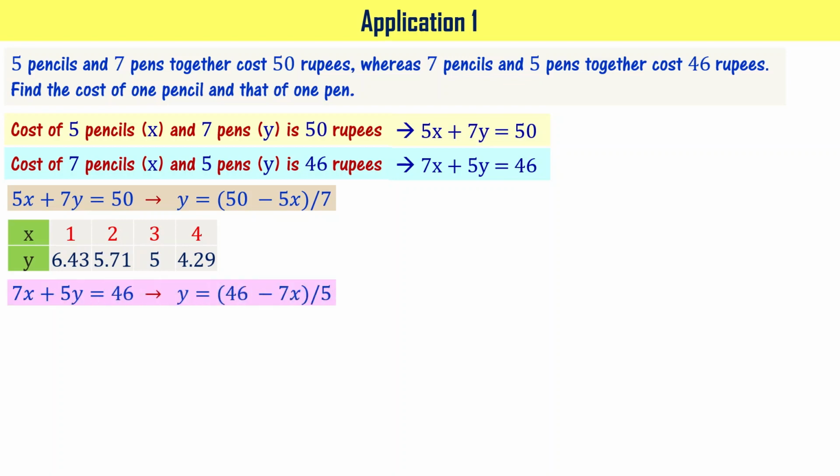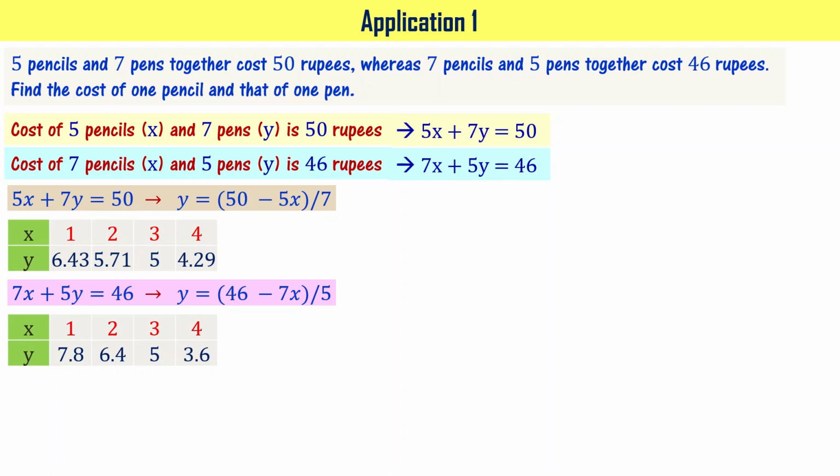Now let's consider the second equation and rearrange it such that it can be written as y equal to (46 minus 7x) divided by 5, right? When you tabulate data for this equation, you get when x equal to 1, y equal to 7.8, when x equal to 2, y equal to 6.4, when x equal to 3, y equal to 5, when x equal to 4, y equal to 3.6, right?